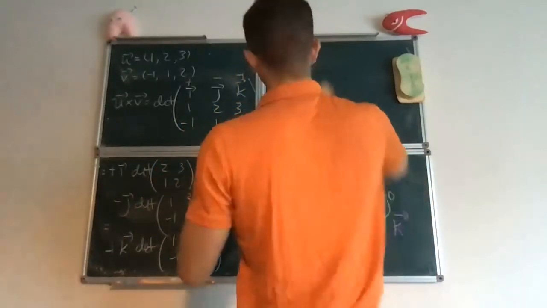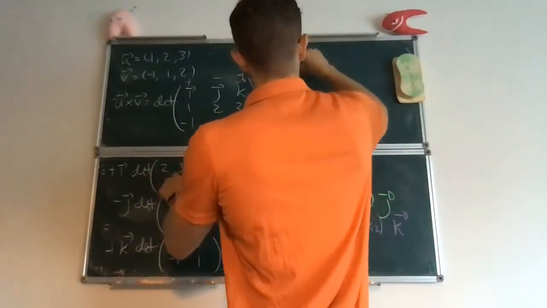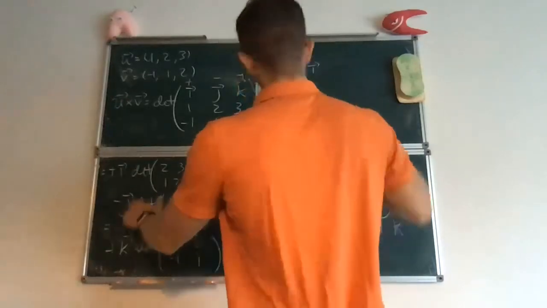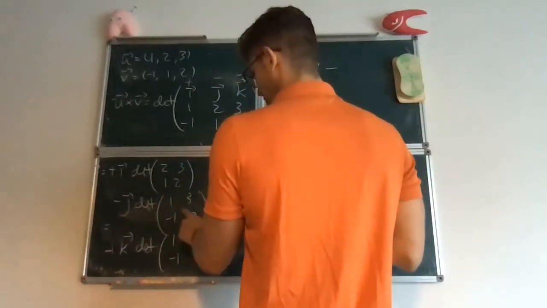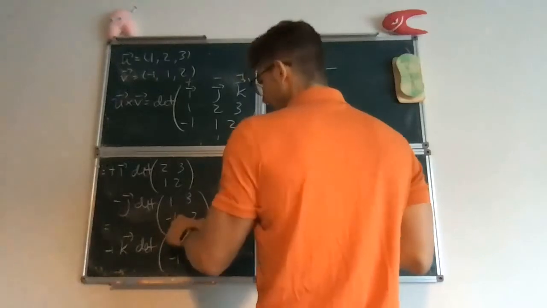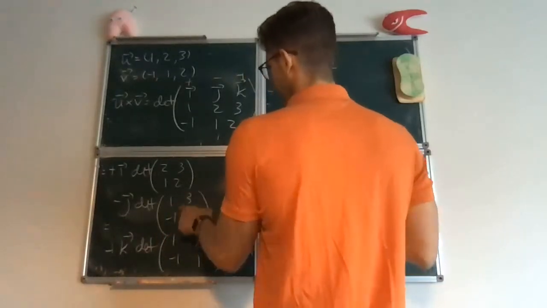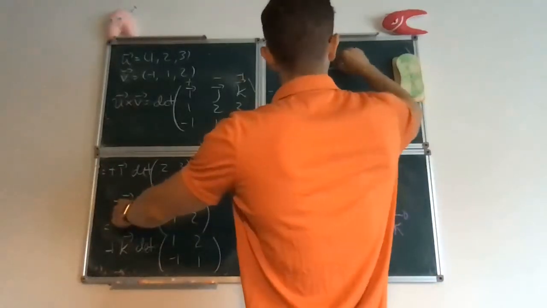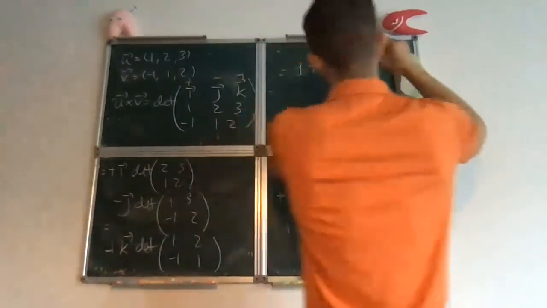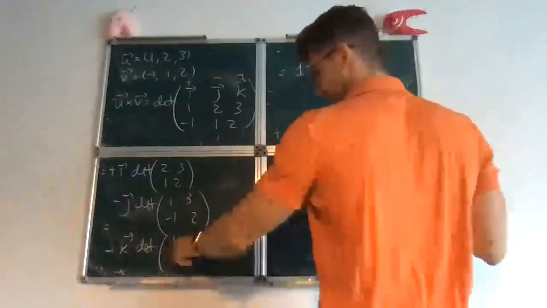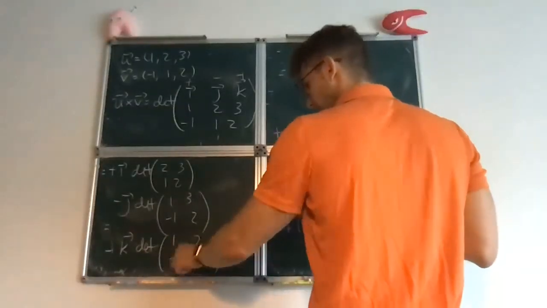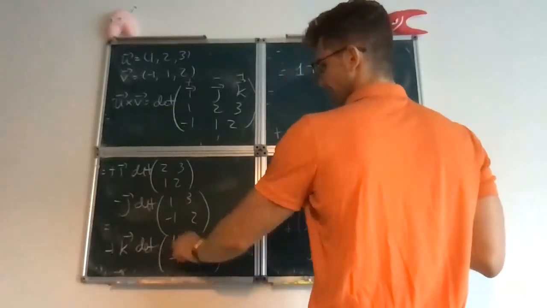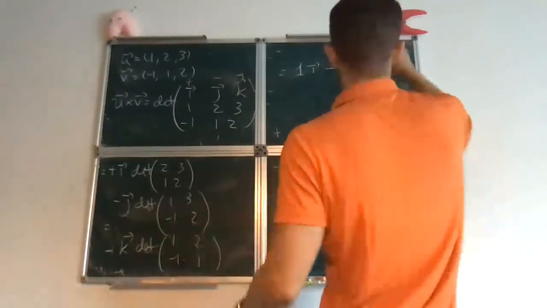And that gives you 4 minus 3, that's 1, so 1i, minus 2 minus minus becomes plus 3, so this gives you 5, and then there's a minus here, so minus 5j, plus 1 minus minus becomes plus 2, so this 1 plus 2 is 3.